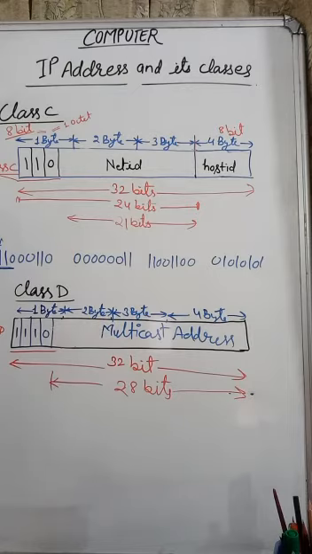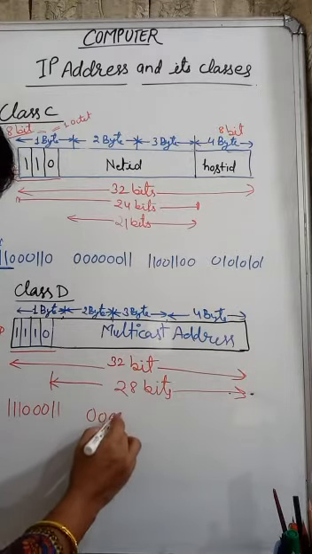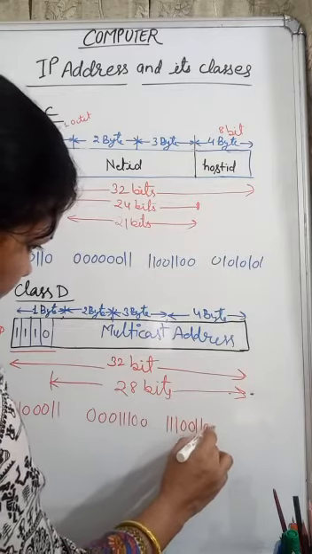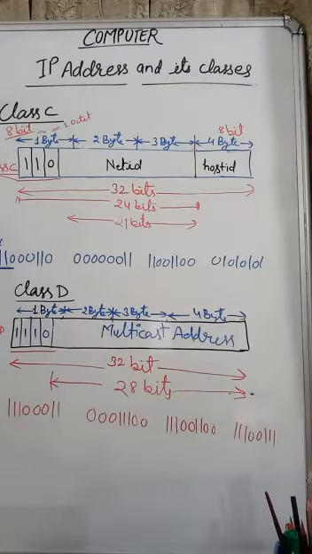See the example. In this, the first 3 bits are 111, and the 4th one is a 0. So it is a class D address.